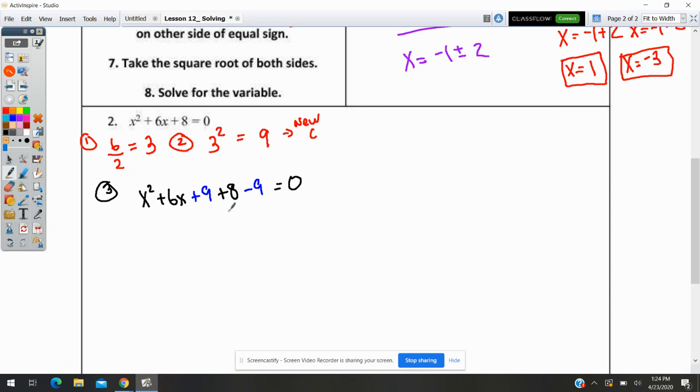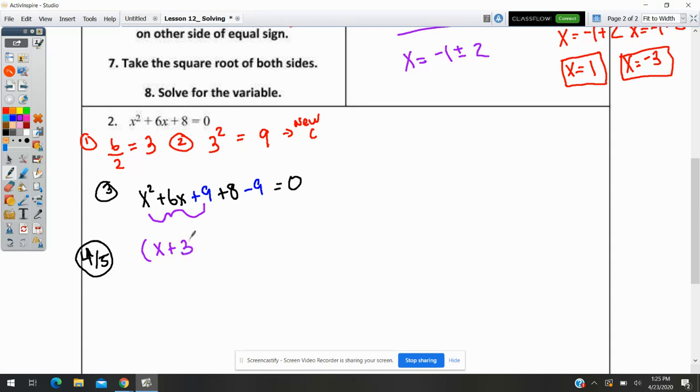Okay, next we're going to factor the first 3 terms, so that is step 4. I'm going to do step 4 and 5 together, like I did in the other example. So this is going to become x, and you're going to use your b divided by 2 value, which is 3.